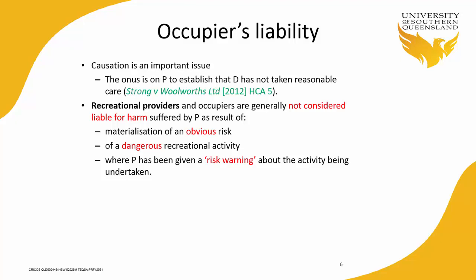Now the most important thing here is that if the plaintiff has been given a risk warning about the activity being undertaken, then we know that the recreational provider or the occupier is not considered liable for harm. So it's not necessary that the defendant established that the person received or understood the warning or was capable of receiving or understanding it.